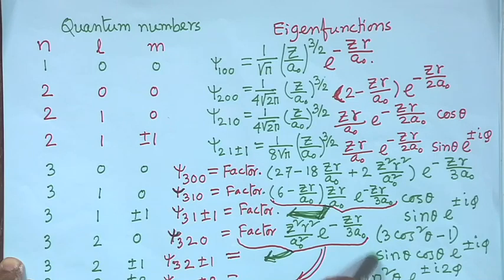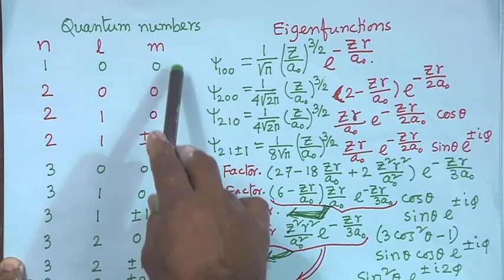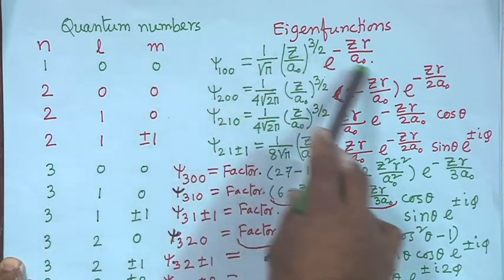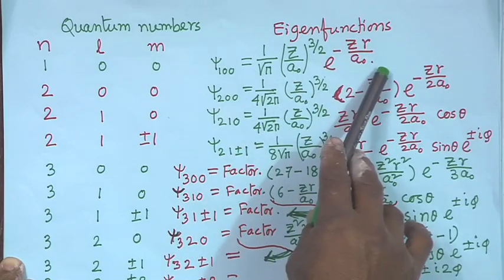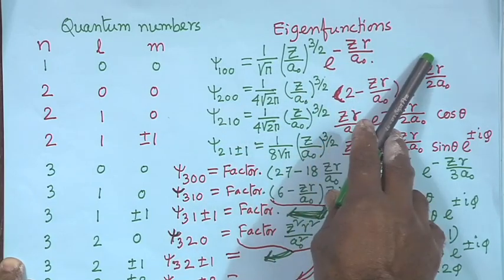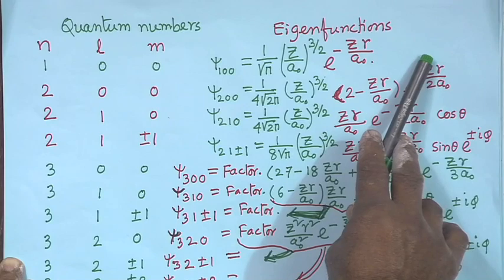Okay. Here we can see that for l equal to 0 and m equal to 0, this wave function is independent of theta and phi, there is no term of theta and phi. Okay.